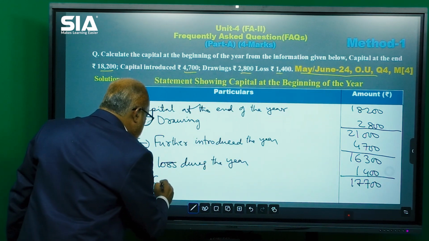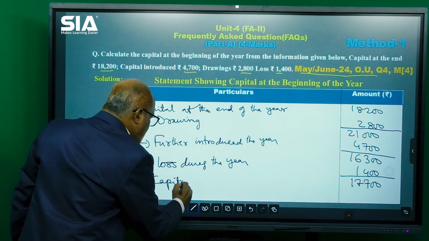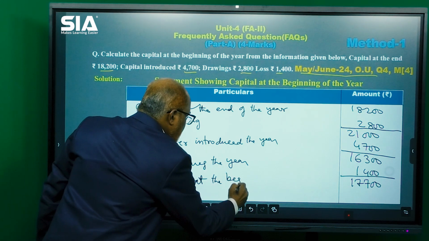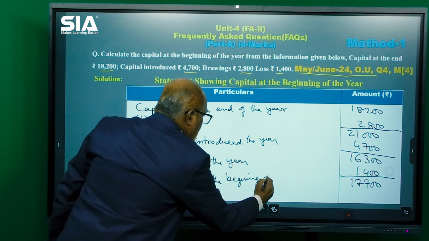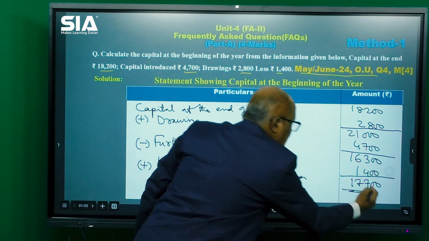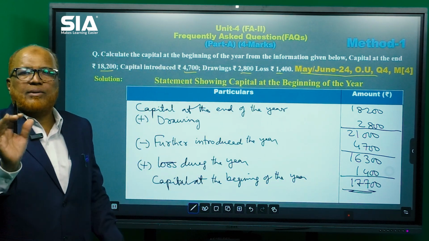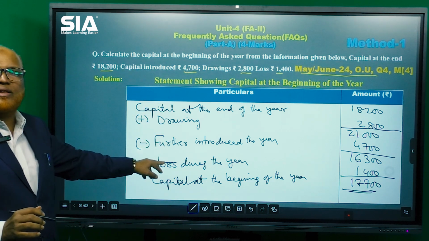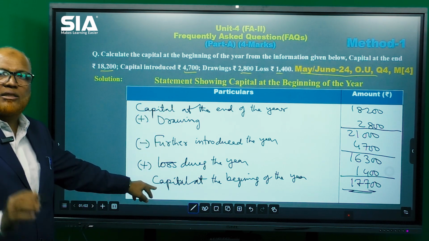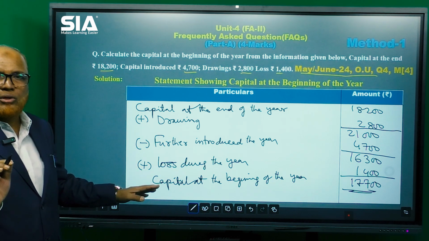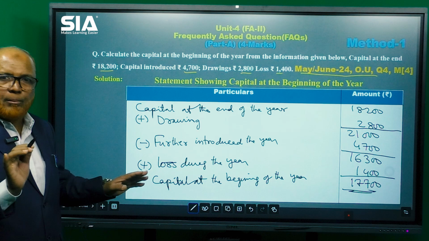This is the capital at the beginning of the year. That's all. So this is a method of finding out capital at the beginning. How? Capital at the end of the year, add drawings, minus further capital introduced, and add the loss incurred during the year. This is the method of finding out capital at the beginning.